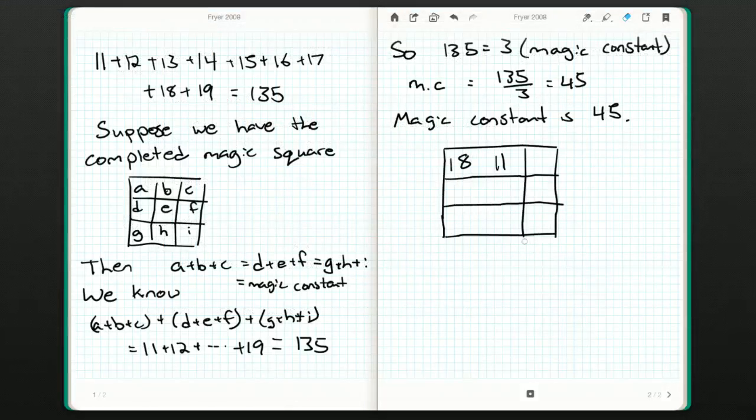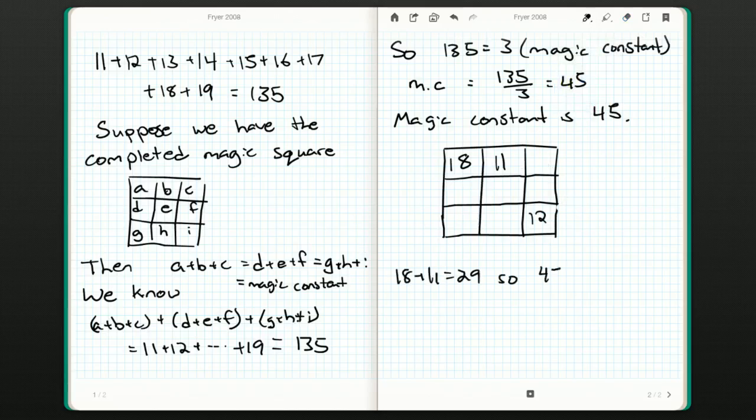Got a 12 down here. Well, we know 18 plus 11 is 29.